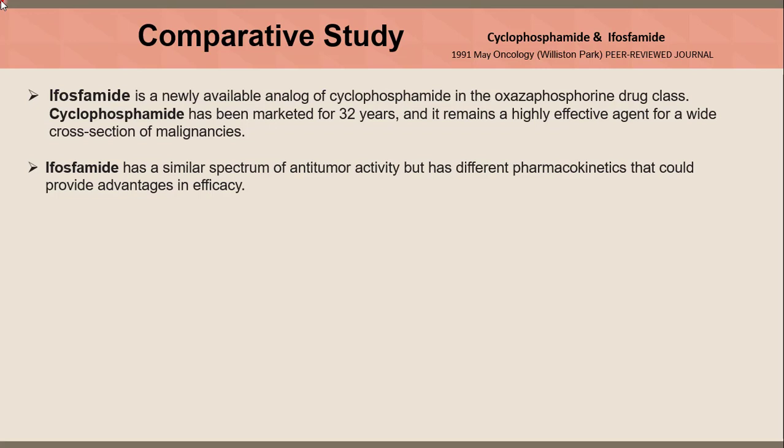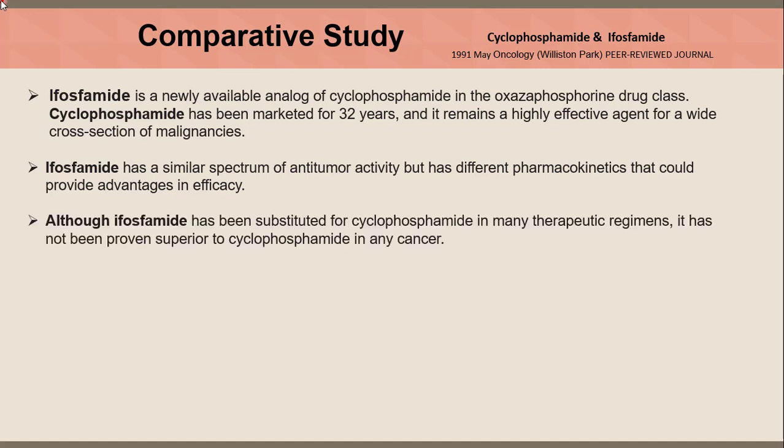Ifosfamide has a similar spectrum of anti-tumor activity, but has different pharmacokinetics that could provide advantages in efficacy. Although ifosfamide has been substituted for cyclophosphamide in many therapeutic regimens, it has not been proven superior to cyclophosphamide in any cancer.